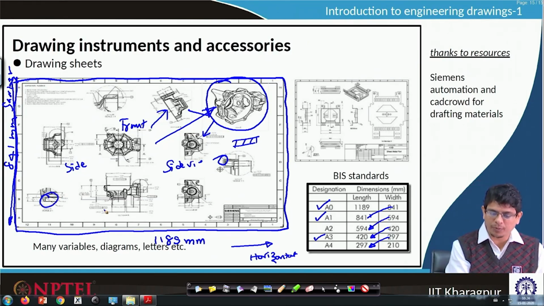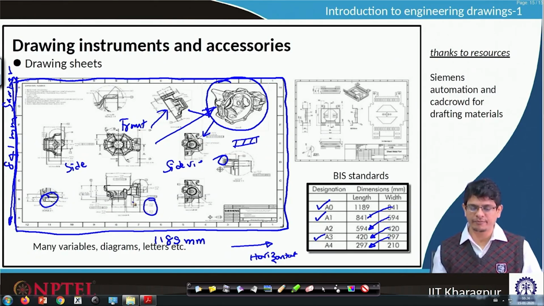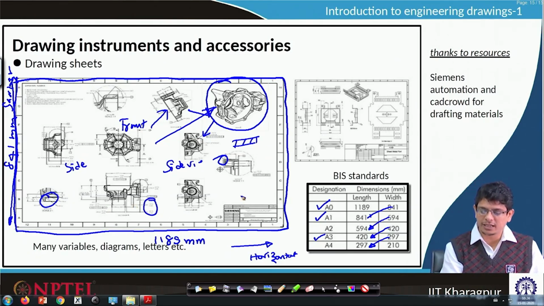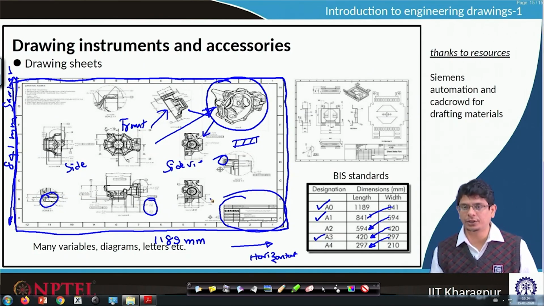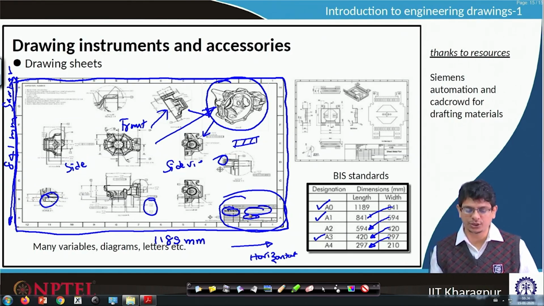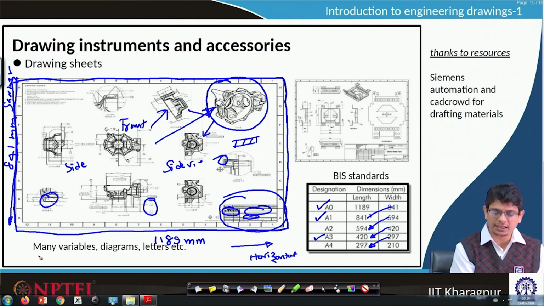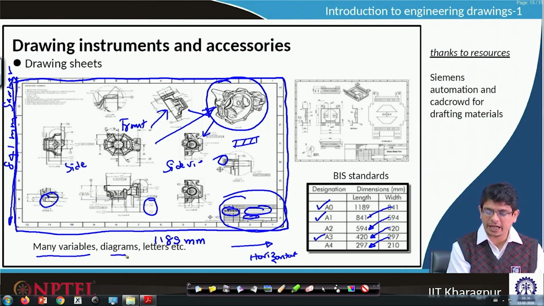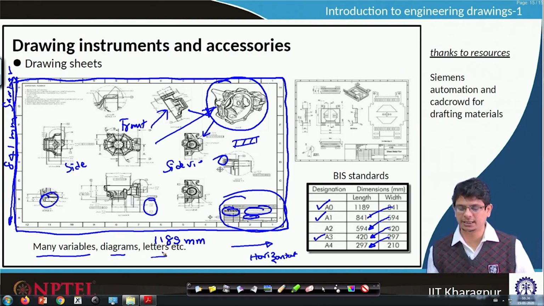And each of these parts will be represented by a certain kind of lettering. And we will see something like the ownership of that drawing sheet, containing names of whoever made it and what the objects, properties and so on are. It contains many variables, diagrams and letters.